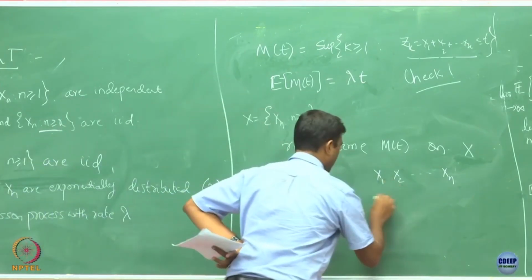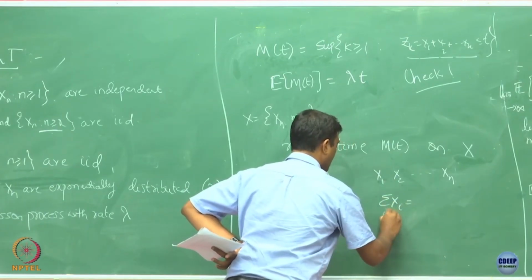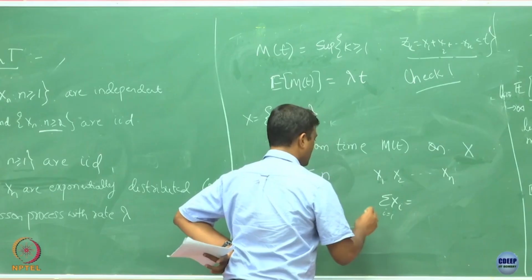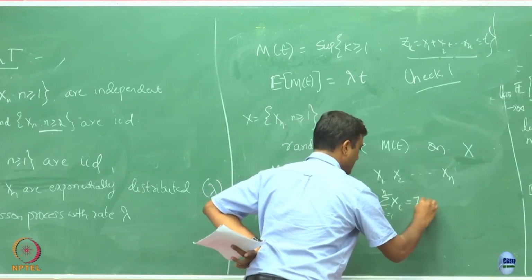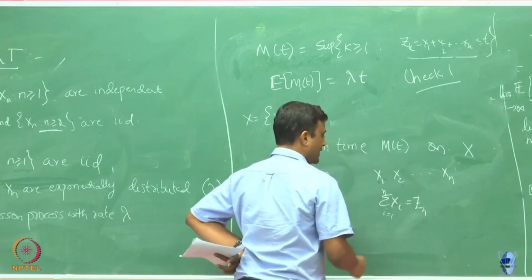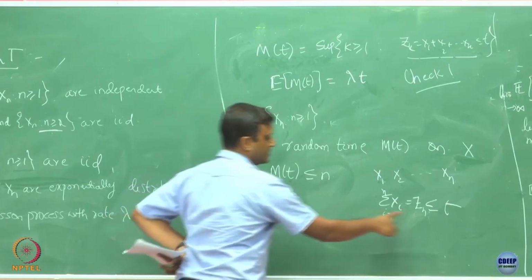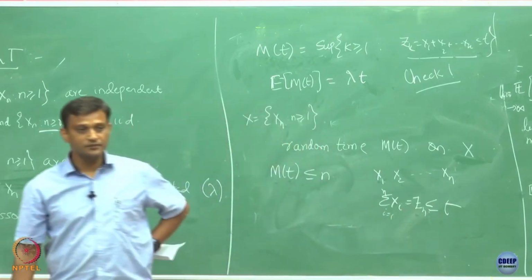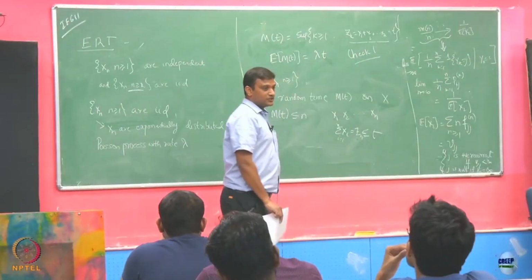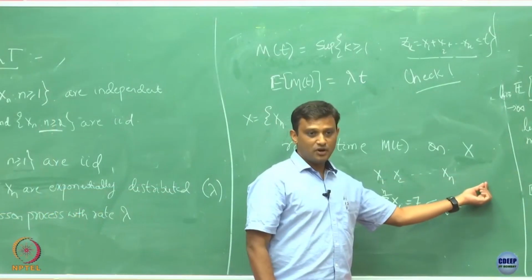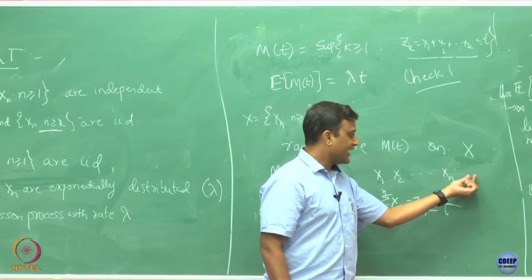So if I sum all of them, Xi up to n, I know this as Zn, and I know that if m of t is less than or equal to n, Zn has to be less than or equal to t. But you have not been told anything about Xn plus 1.